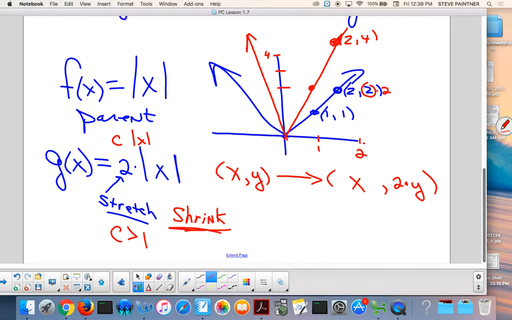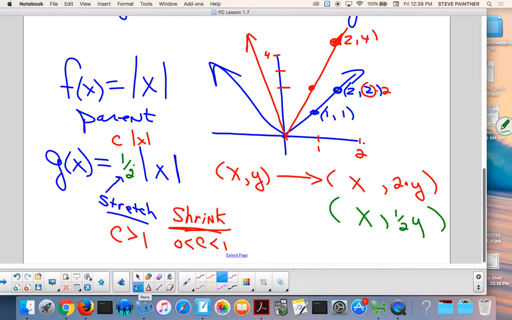C has to be greater than 0, but less than 1. Right? So give me a number. Let's make it easy. Let's go half. So if I have a half out here, I have half my parent. Well, if I have half my parent, now it's going to be x comma y over 2.